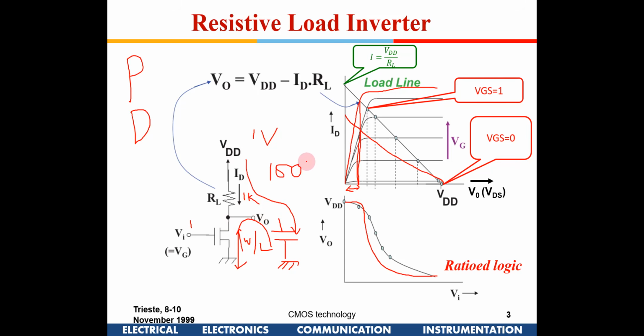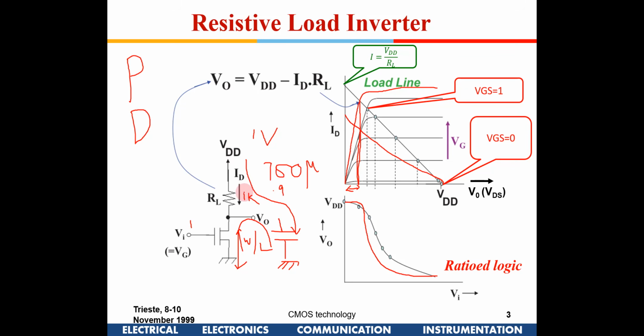This is 100 micro, right? So 1 volt minus how much is this coming out to be? 1K into 100 micro. Output should be around 0.9 volt, right? Okay. So that is not good.